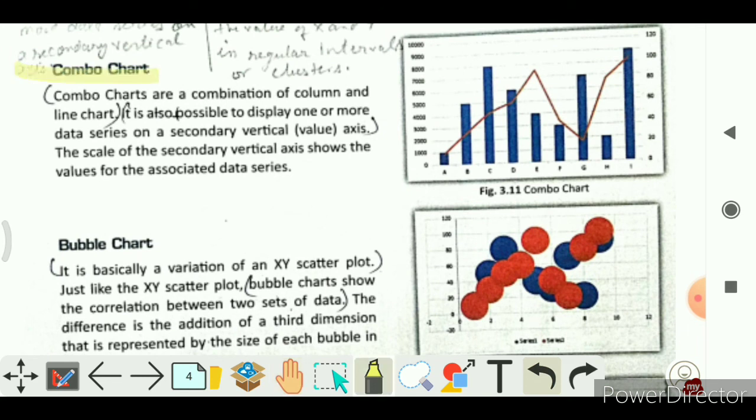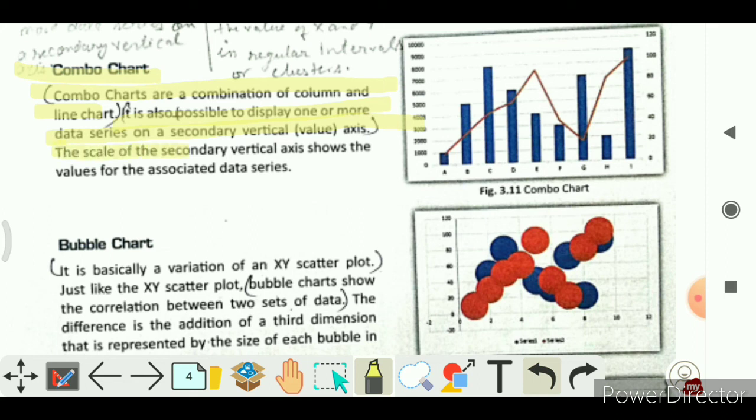Now our next chart is the combo chart. Combo stands for combination. It means this is the combination of column chart and line chart, right? Combo charts are the combination of column and line chart. It is also possible to display one or more data series on a secondary vertical value axis.